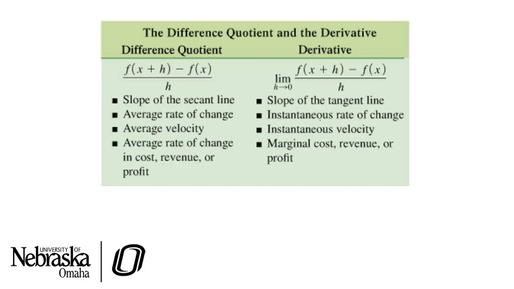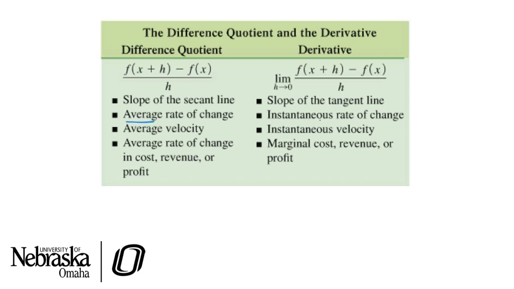Now this chart tells us a little about the difference between the quotient and the derivative. The left side of the chart says f of x plus h minus f of x over h. That's the average rate of change, not the instantaneous rate of change.